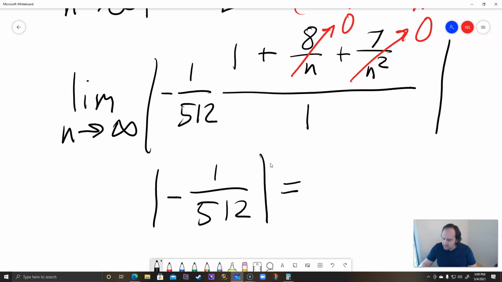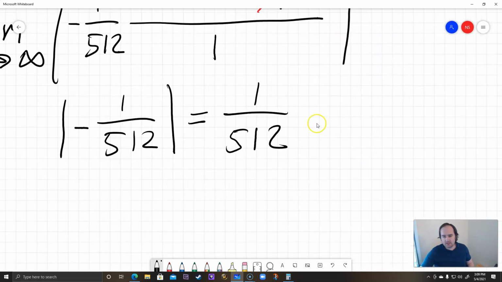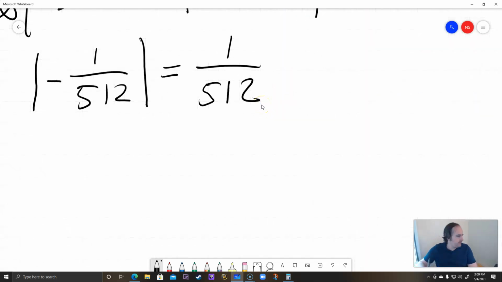So this is going to give us positive 1 over 512. Which is pretty cool, I think. It was such a complicated problem, but we ended up having everything simplified down to a single number.